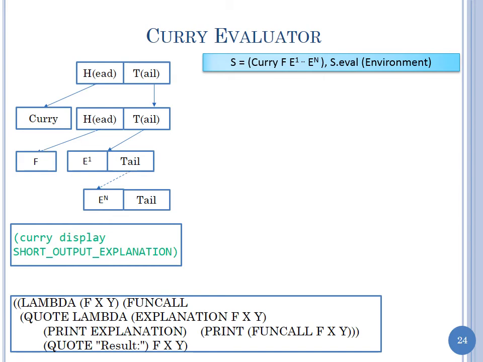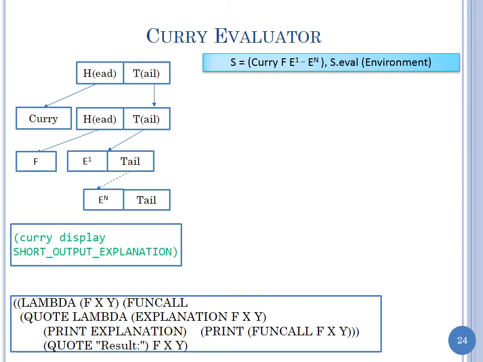I'm being told to curry a function. So after curry, I've got a function, something that is either a function ID or evaluates to a function. And then we've got some supplied arguments, and we are supposed to do an s.eval in a particular environment.